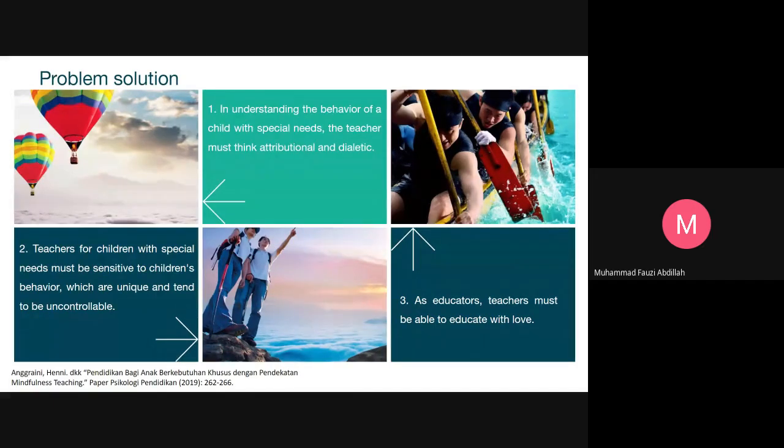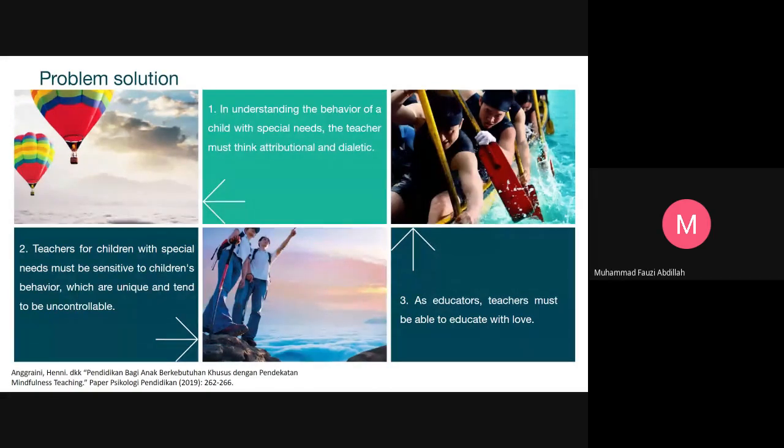The first solution is, in understanding the behavior of a child with special needs, the teacher must think attributionally and dialectically, where the teacher must really understand with full awareness what causes the child's behavior, which is sometimes considered strange or different from children in general, building a comprehensive understanding, which is expected to have an impact on the behavior towards students.